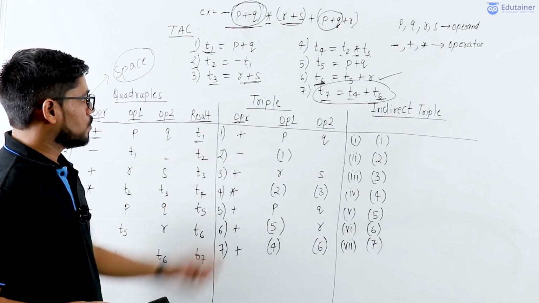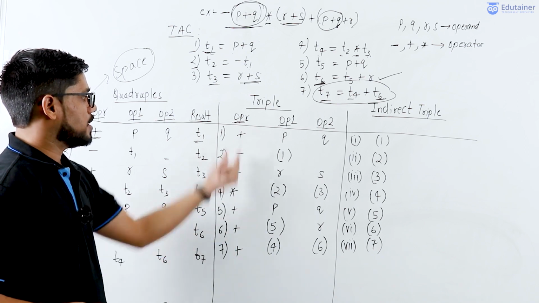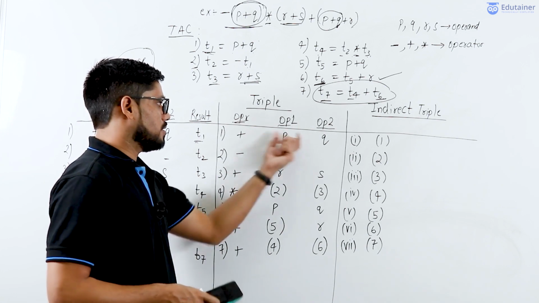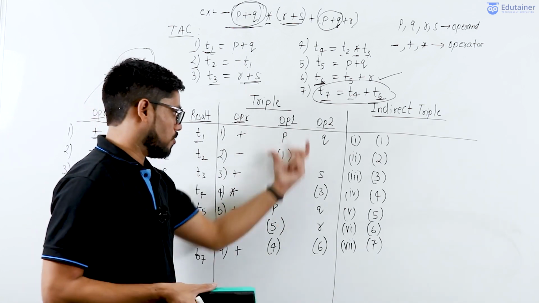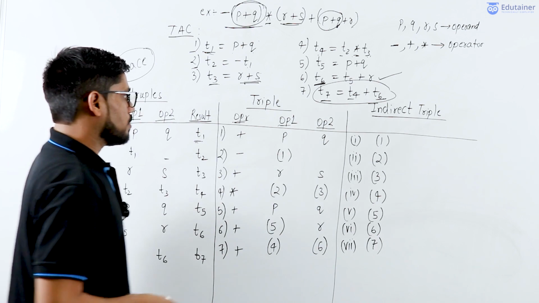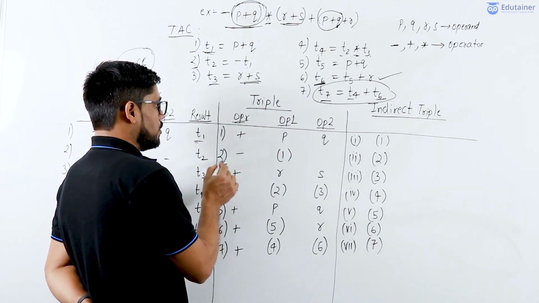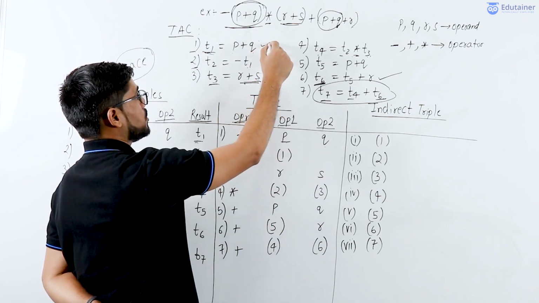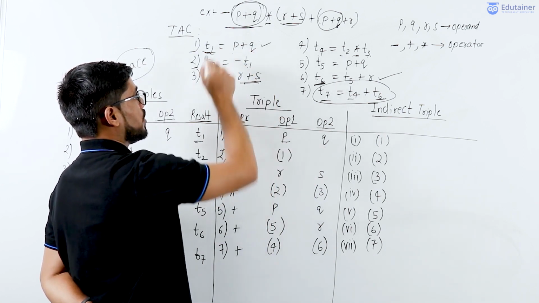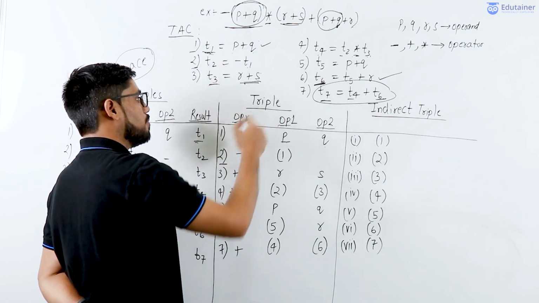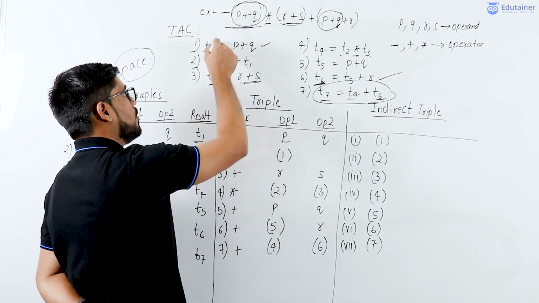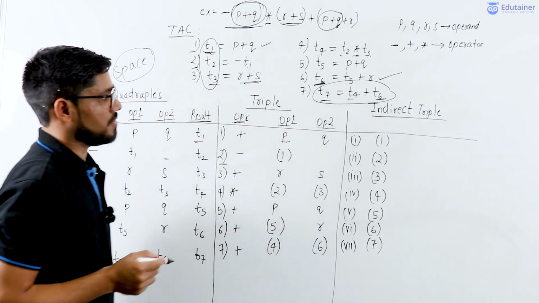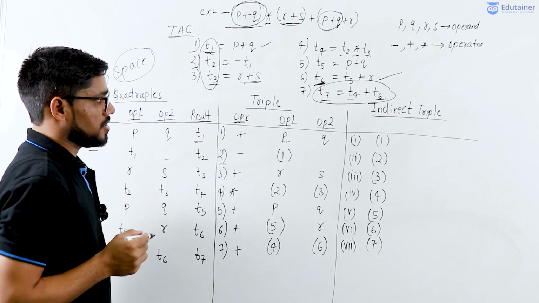The operator column will contain the different operators, plus, minus, multiplication, and the operand columns contain the operands like P, Q, R, S. Let's say you perform some operations. P plus Q is the first operation and it is stored in temporary variable T1. But in this triple representation, I will not use the temporary variables T1, T2, T3, T4, T5, T6, T7. I will use the instruction number.